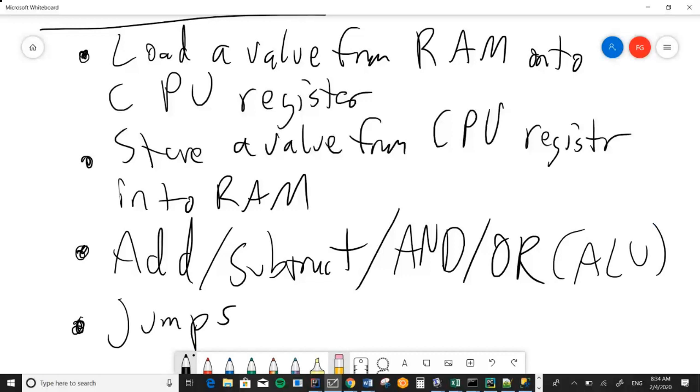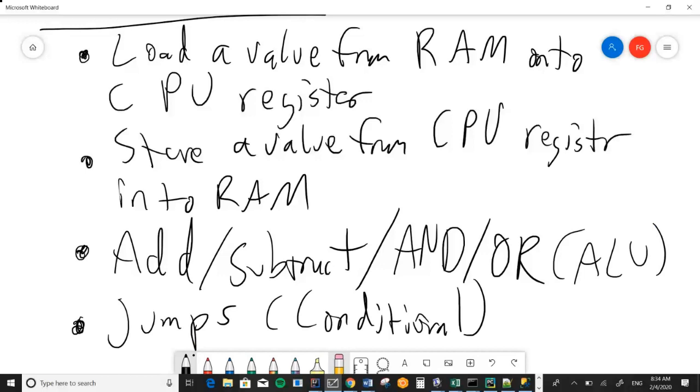A very, very important aspect of jumps is that you can also make them conditional. That is an essential operation for a CPU to provide: to say, I want to make this jump, but only if some condition is true.